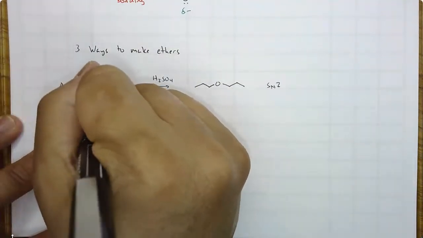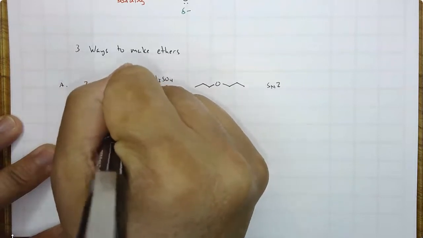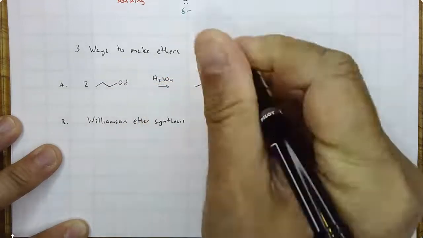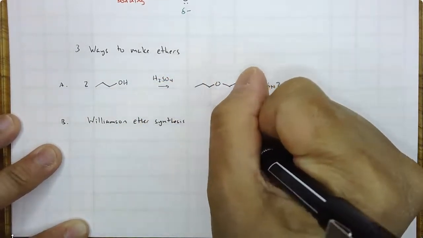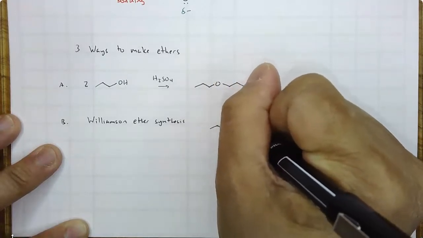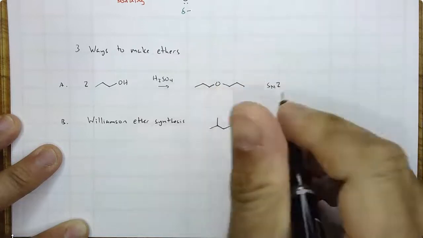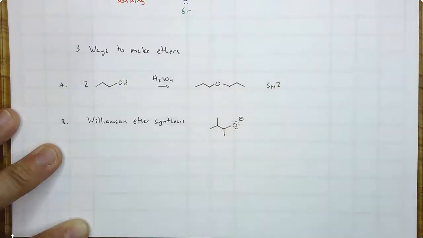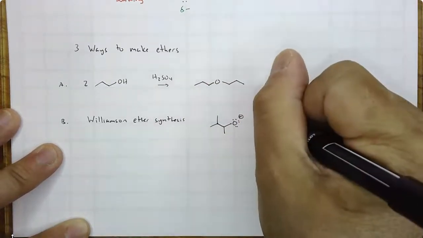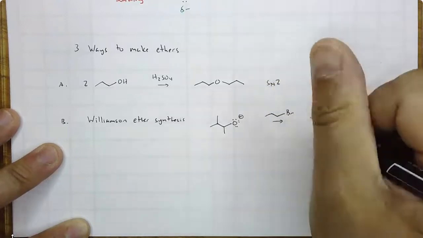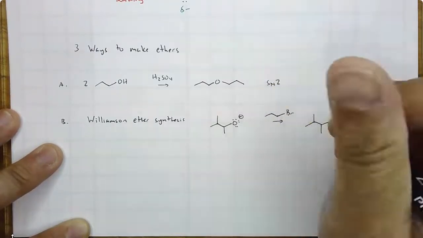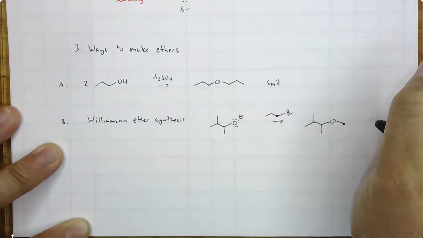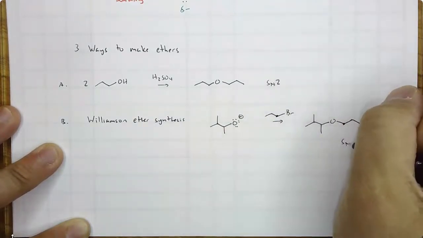The next one is the one that's really, really popular. It's called Williamson ether synthesis. And that's where you take an alkoxide, and it doesn't have to be primary, so let me make this actually secondary, and you react it with an alkyl halide. Another SN2.